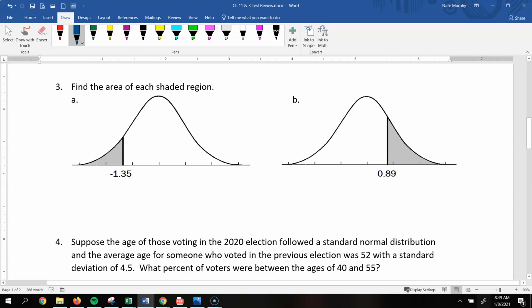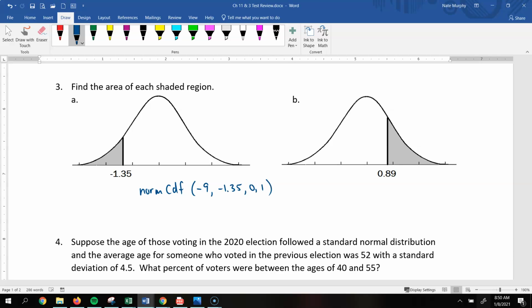All right, for number 3, for parts A and B, you could just use your graphing calculator and do that normal distribution, or that norm CDF button. So for this one, we do norm CDF, and since we're trying to find the area of the shaded region, it goes infinitely to the left. There is no lower boundary. So we're just going to put a lower boundary like -9, and our upper boundary is the right side of that shaded region, which is -1.35.